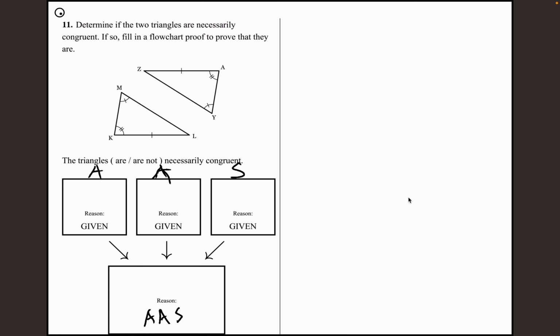Now, on this one, you have to be specific on which angle you put first. You have to follow it in order of the triangle. Now, can I start with angle K is congruent to angle A? No, because that's not the first angle. You need to go angle, angle, side. If you start here, you can't go to this angle and then to this side.